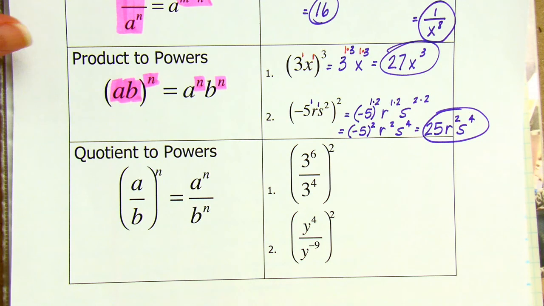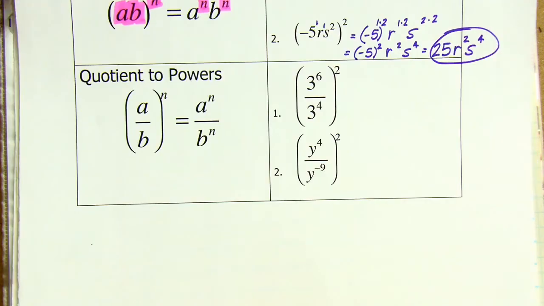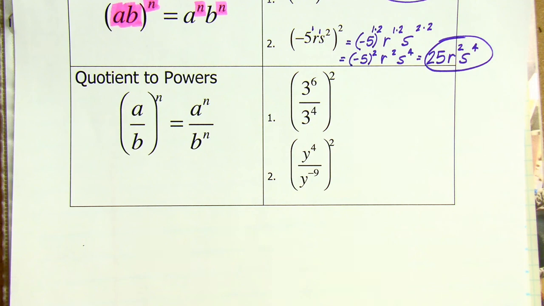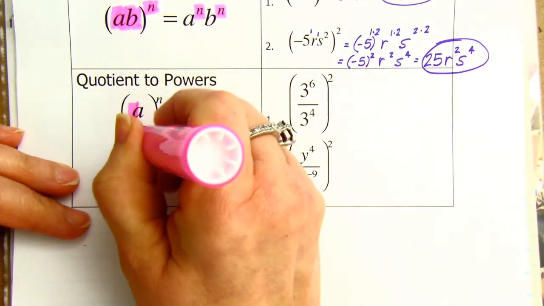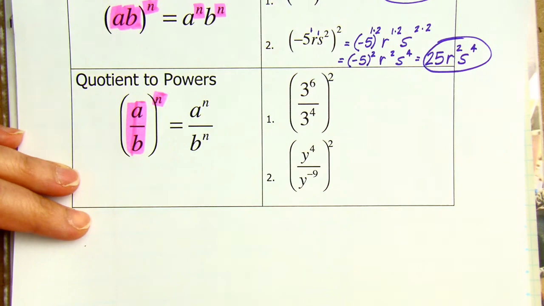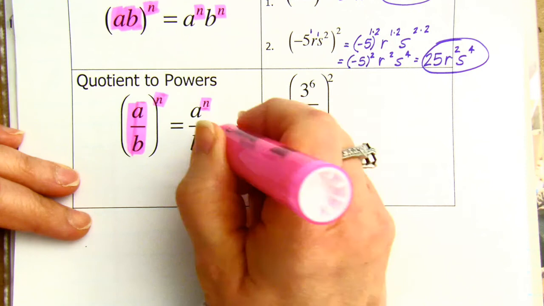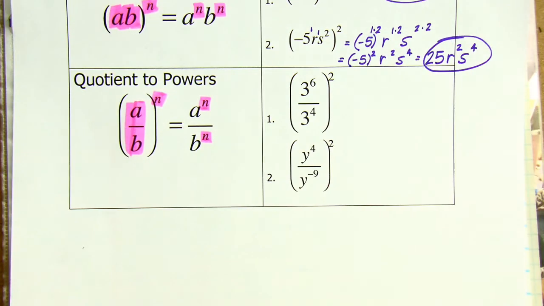And finally, our quotients to powers. Quotient meaning division. So I've got a quotient here being raised to a power. Again, you simply distribute the exponent to each base. Notice bases are not the same.